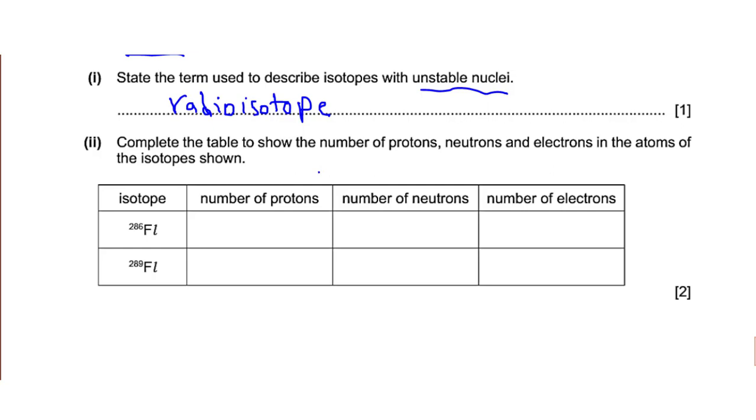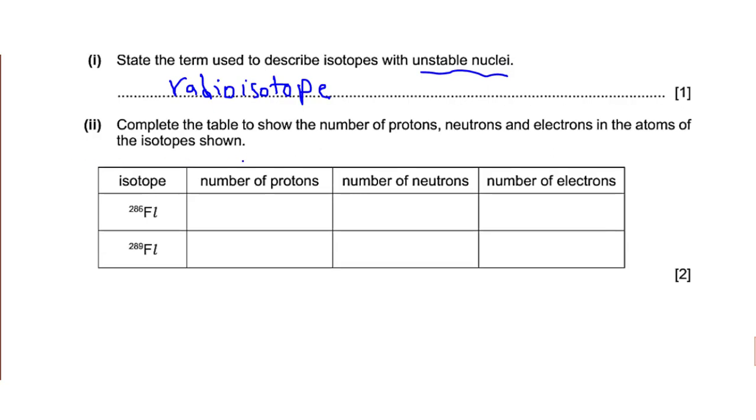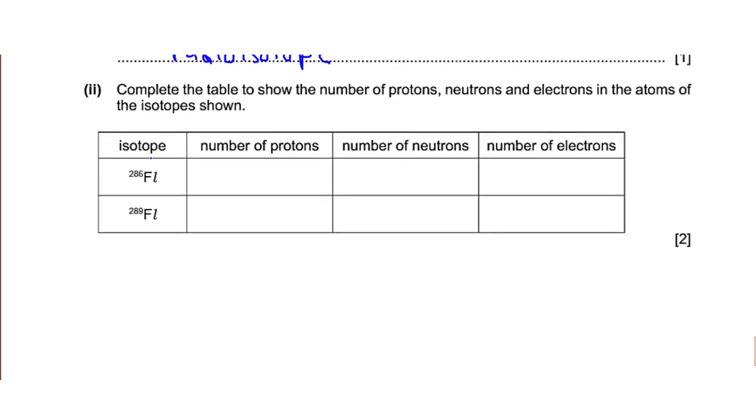Okay. Next one, D two, complete the table to show the number of protons, neutrons, and electrons in the atoms of the isotopes. Okay, here the same rules, guys, we can use. So remember, for flerovium the proton number is 114, both 114. You know, proton number, take care, all the time I said, this is like a fingerprint.